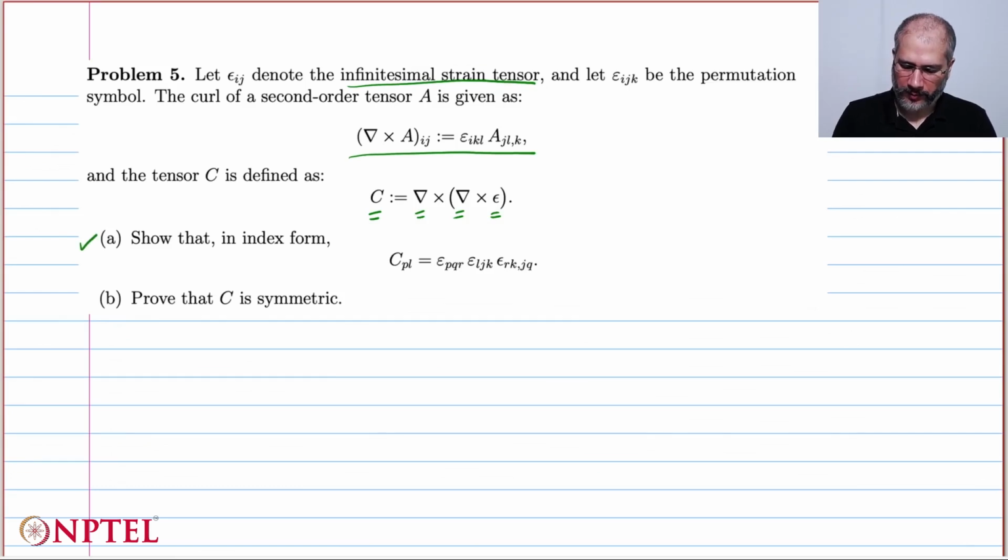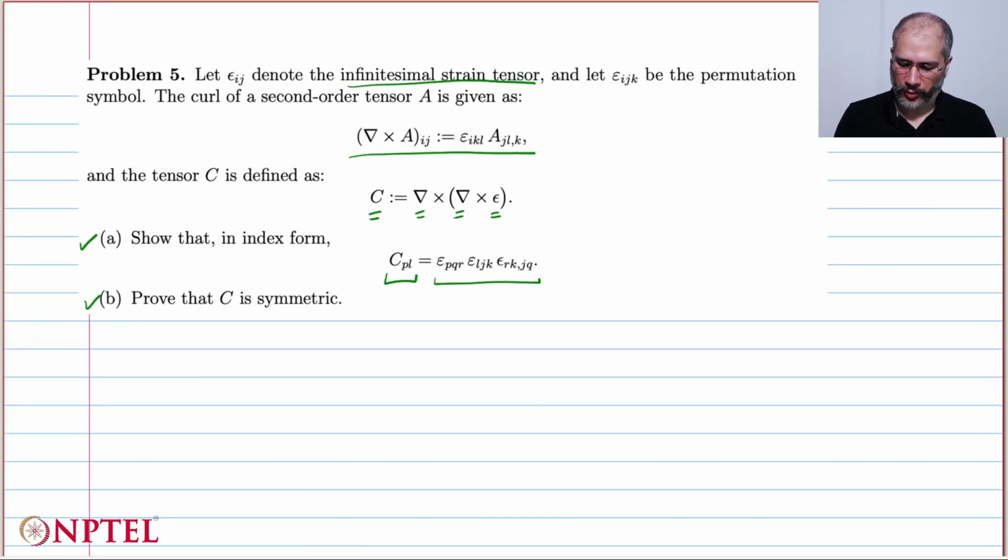And in part A, we have to show that in the index form, the PL component of C is given as this. This problem is actually coming from compatibility, where while deriving the compatibility equations, we had mentioned that the curl of epsilon is 0, and I had mentioned in the lectures that you have to show it yourself. So we are solving that as a tutorial now.